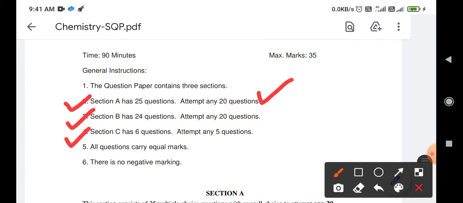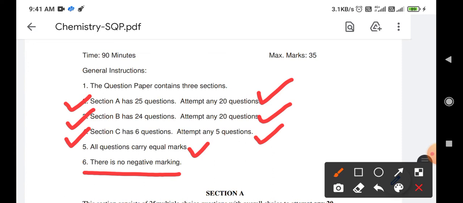Similarly, in section B we will have 24 questions, and out of these 24 we have to attempt only 20, and in section C we have 6 questions and we have to attempt only 5. One more thing that is very interesting to know is that there is no negative marking in the examination. All the questions will carry equal marks.